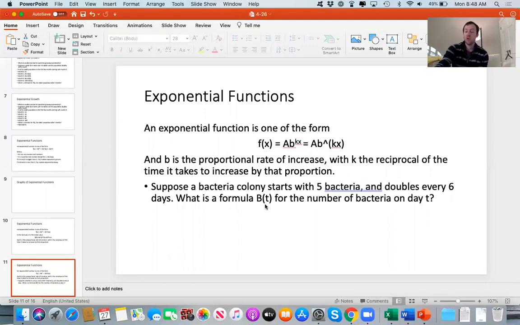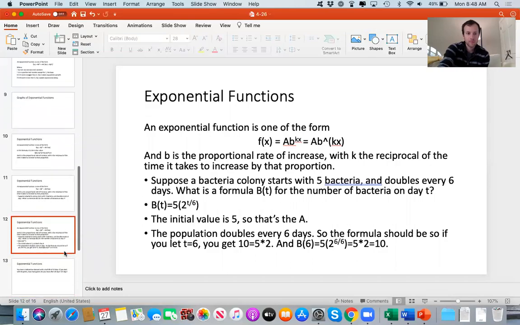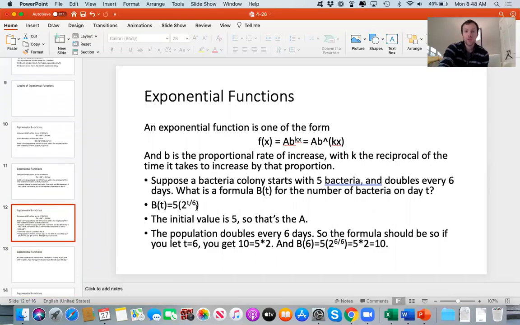A general formula that tells you how much you have on any day at all. The formula will be 5 raised to the 2t divided by 6.